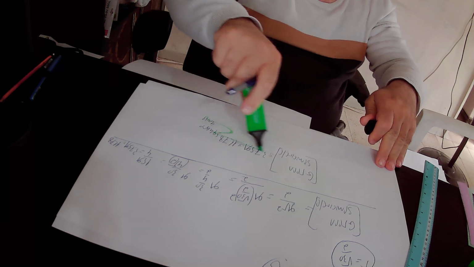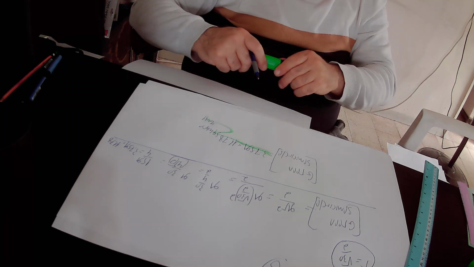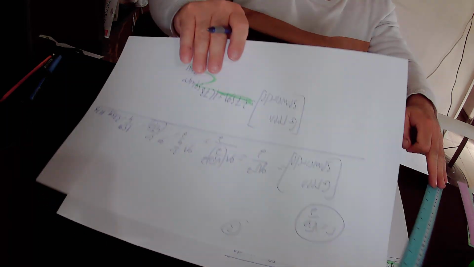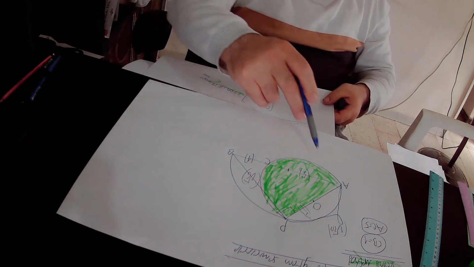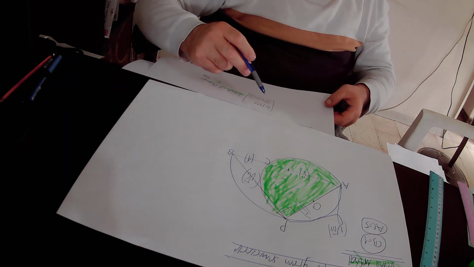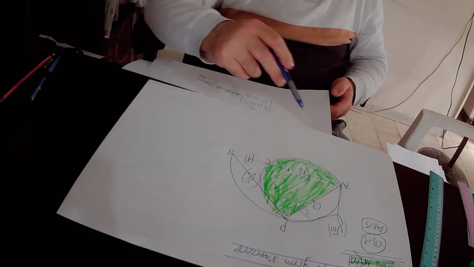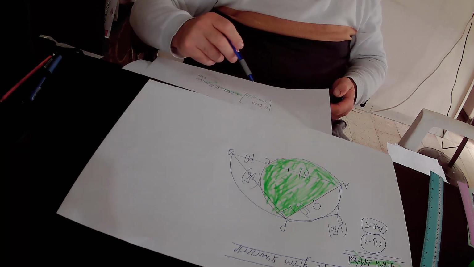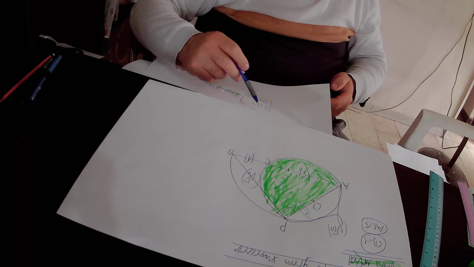So in both methods we have found out that the area of this green semicircle equals either 3.75 pi square units, or in terms of numbers, 11.78 square units.